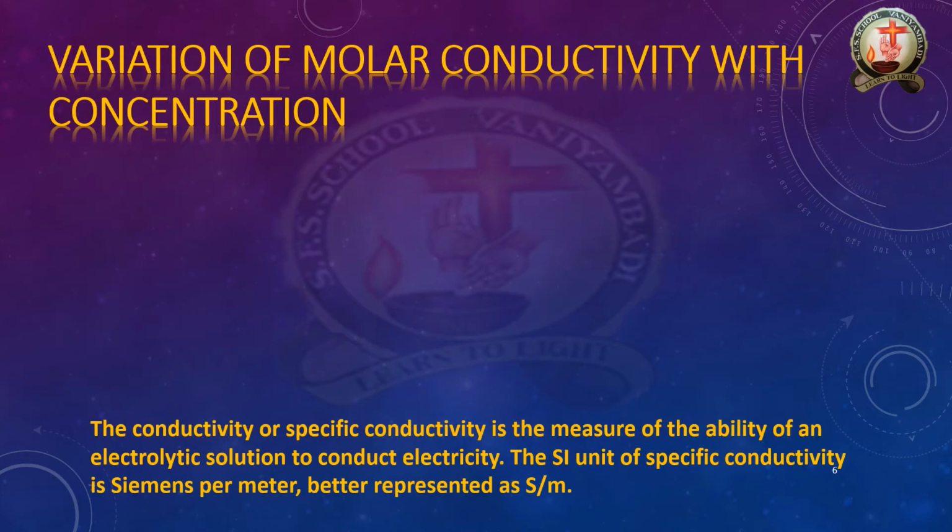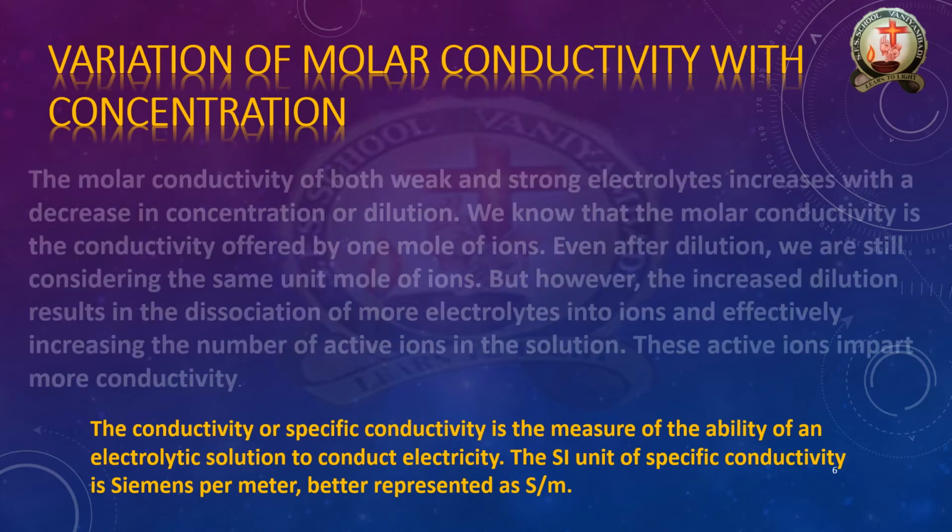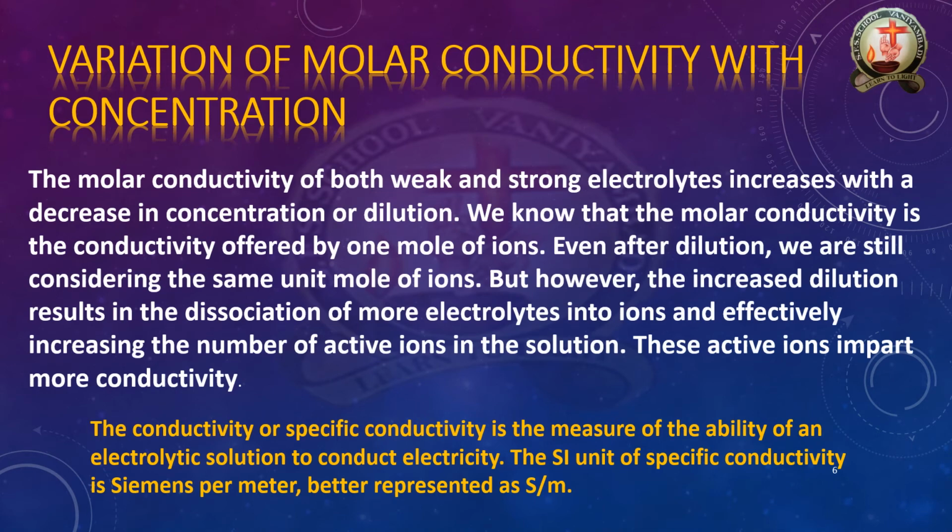In the previous slide we learned molar concentration, only 1 mole. But now we are going to see different mole concentrations: 1 mole, 2 mole, 3 mole. What conductance do we get with the help of the potentiometer? The molar conductivity of both weak and strong electrolytes increases with decreasing concentration, that is, with dilution.